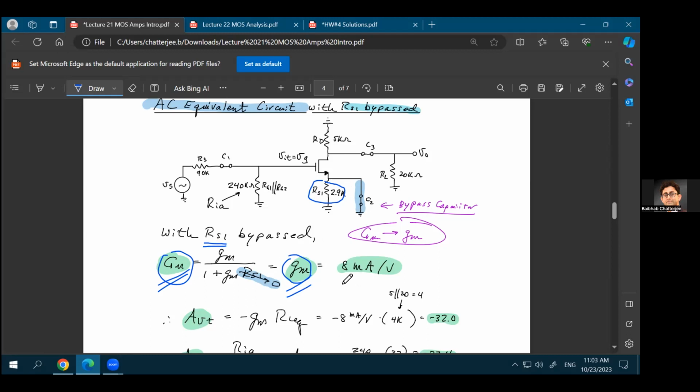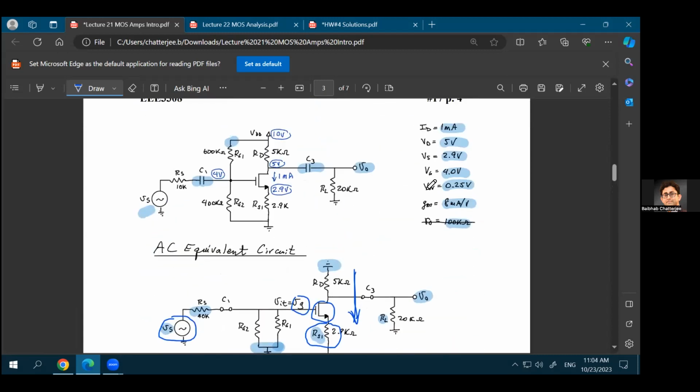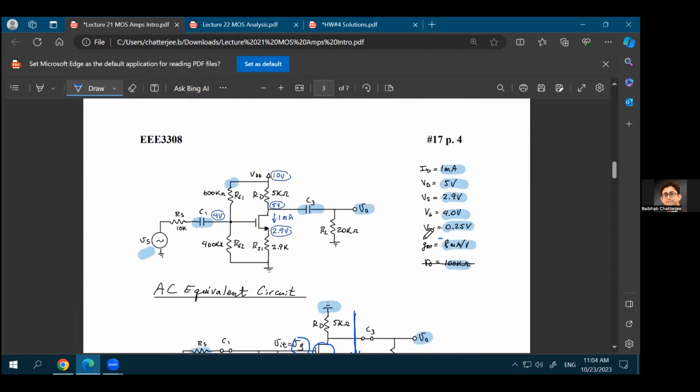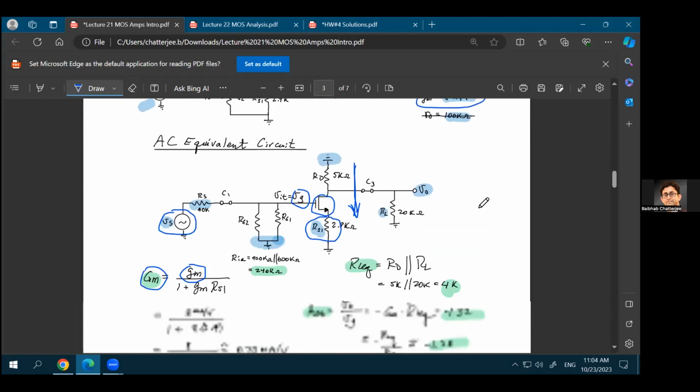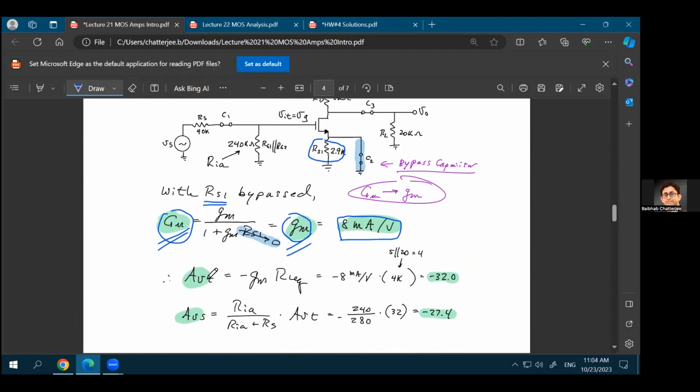And you already have found out what would be the gm of the device in the previous problem. So just go back to the previous one if you don't remember the values. So your gm was given to be 8 milliampere per volt. So your capital GM will be equal to 8 milliampere per volt.